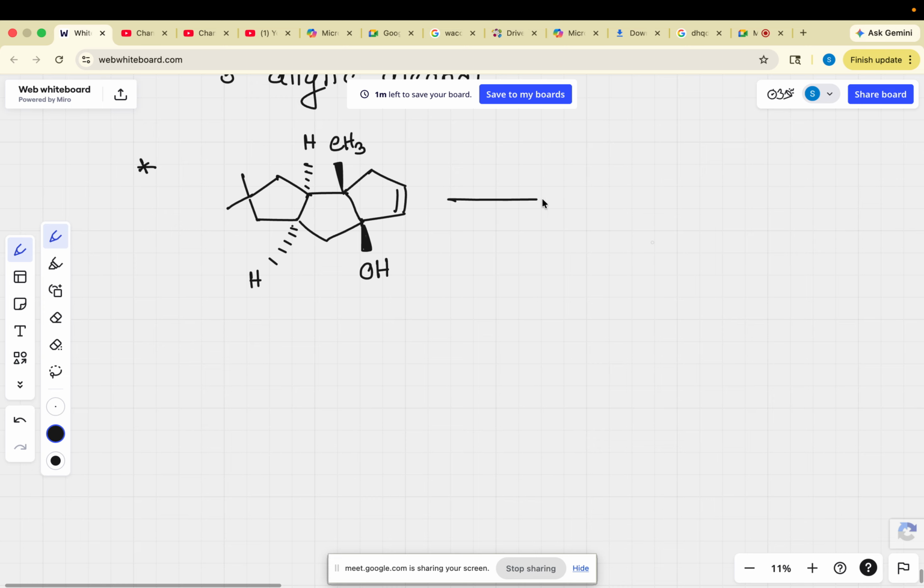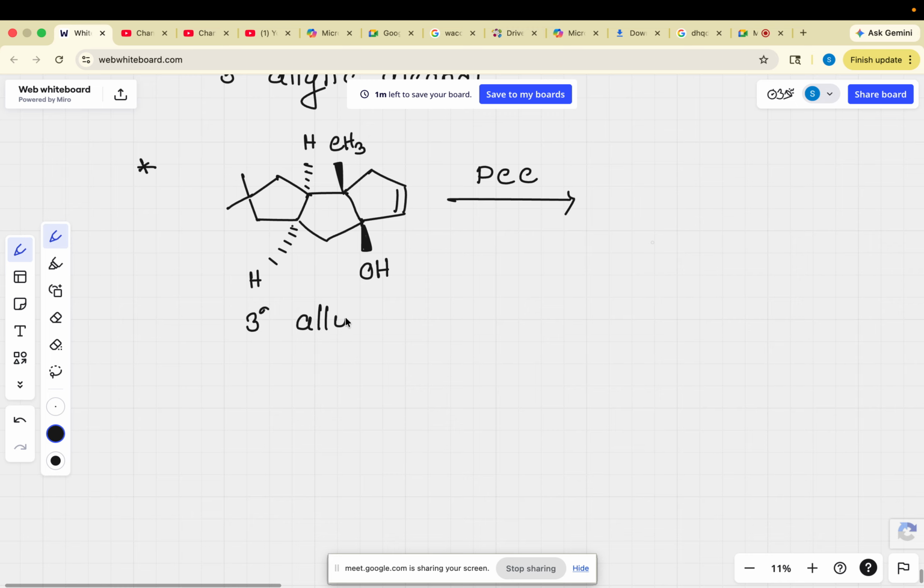So this is the molecule you have. Here I am giving PCC. Tell me what will be the product. Which system is this? Tertiary allylic alcohol, sir. So what will happen?